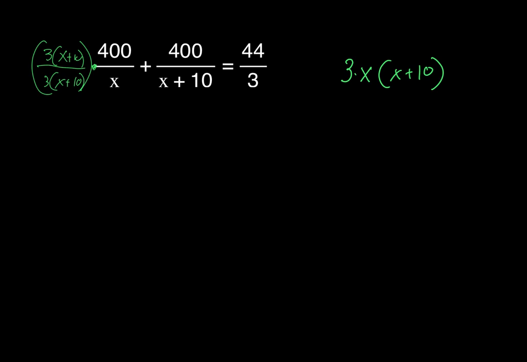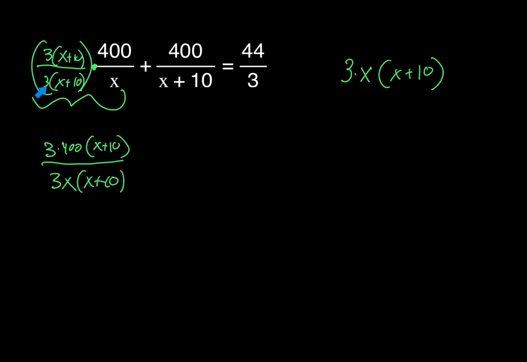And if I'm just going to look at this one and carry it down, it'll be 3 times 400 times x plus 10. All I did is reorder the multiplying. In the bottom, I'll have 3 times the x plus 10.